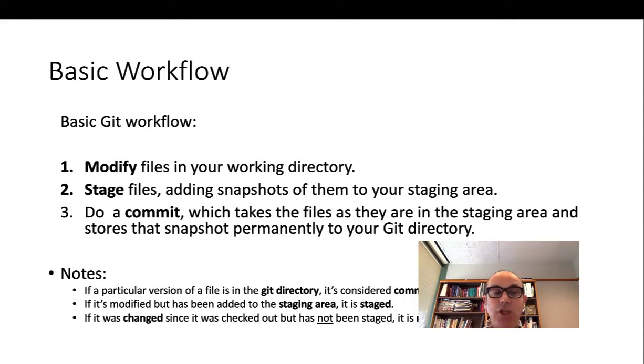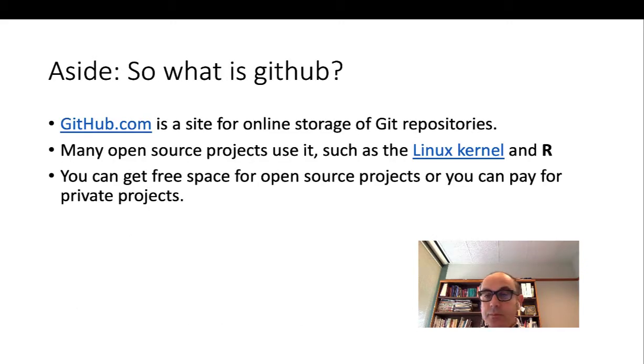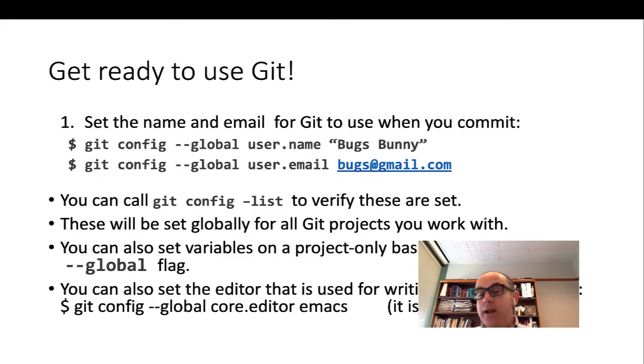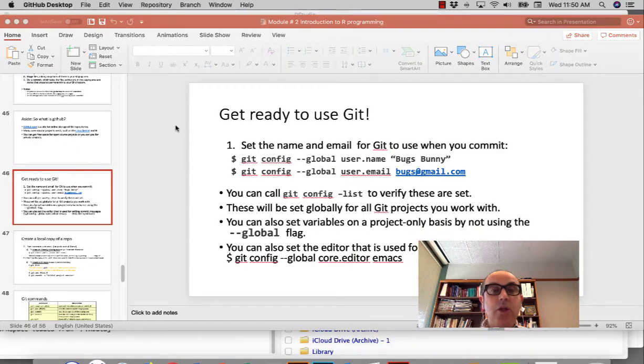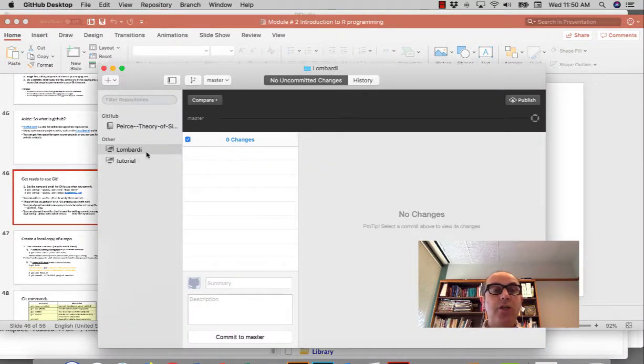We have the stage and the commit, and we can do that on a coding platform. If you're not into it, the new version of GitHub and RStudio works well.